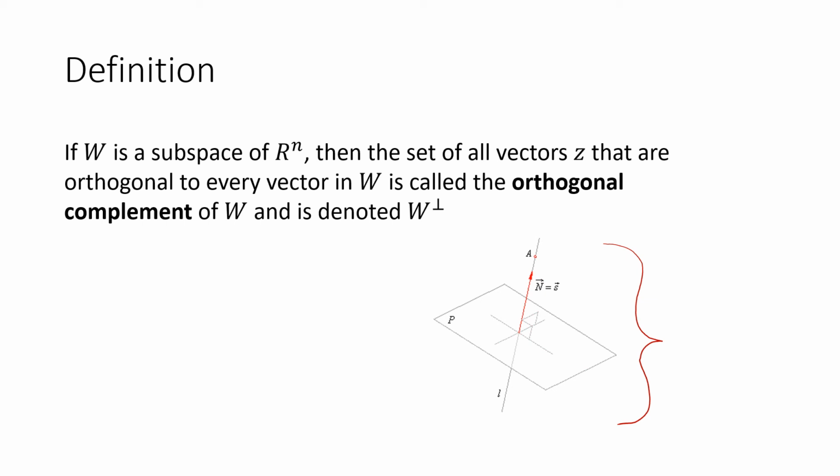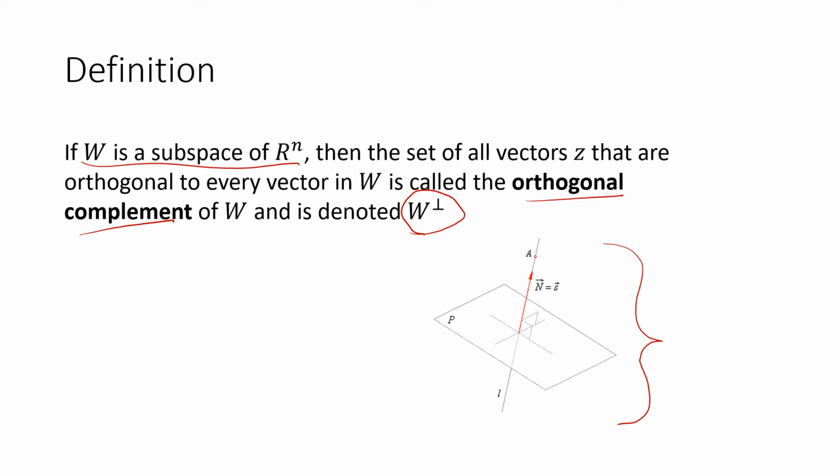So if you have a subspace of Rn, take all of the vectors that are orthogonal to it. That is called the orthogonal complement of your subspace, and it's denoted by this symbol here. This orthogonal complement of a subspace plays an important role in analyzing subspaces.